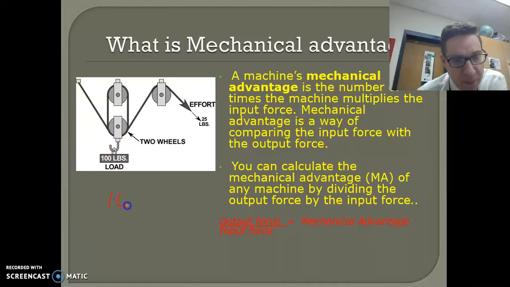So 100 divided by 25. 100 divided by 25 is 4. The mechanical advantage is 4. So of this pulley system, the mechanical advantage would be 4. That means the effort force or the input force is multiplied 4 times to lift that 100-pound load.